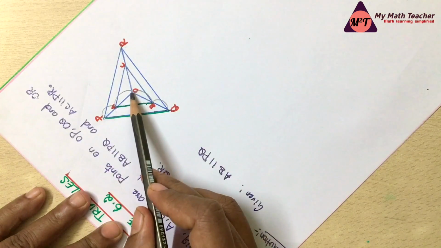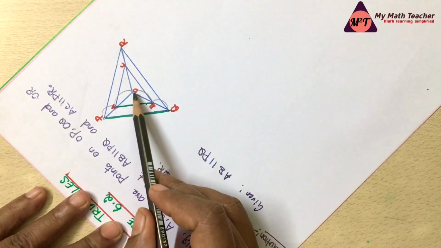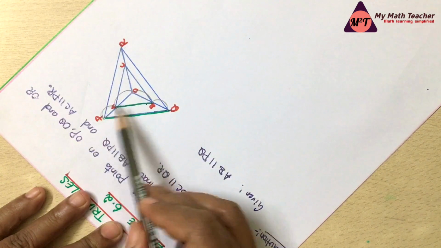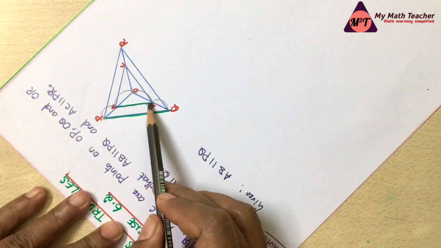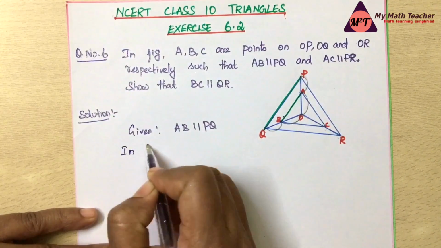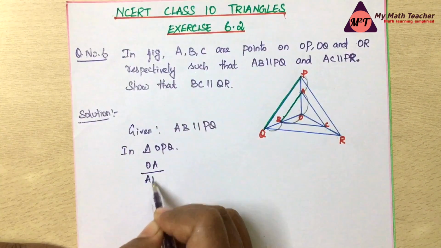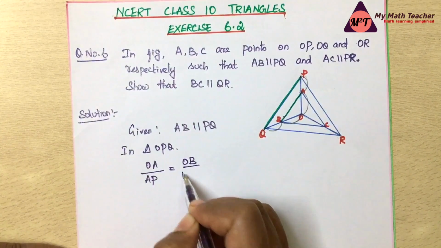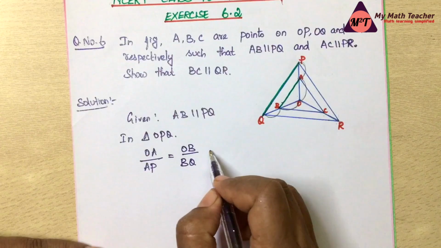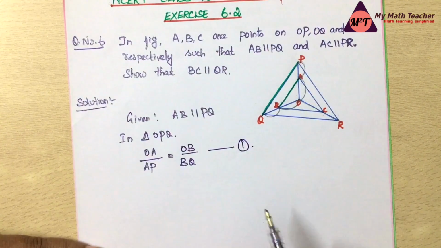So when I tilt this, this is the triangle OPQ, that is OA by AP is equal to OB by BQ. Let us consider this as equation number 1.